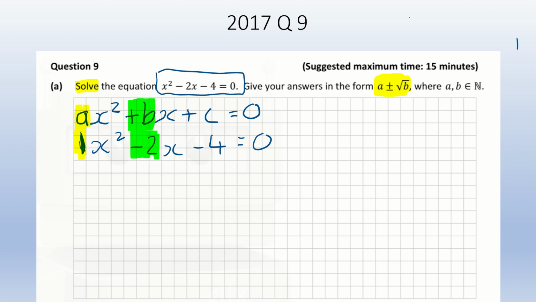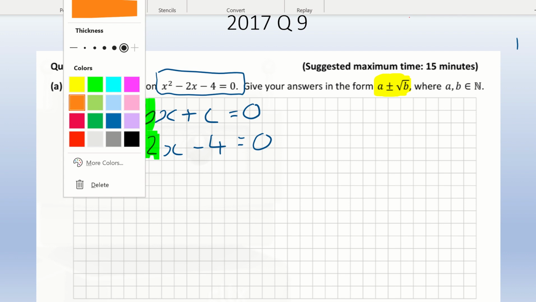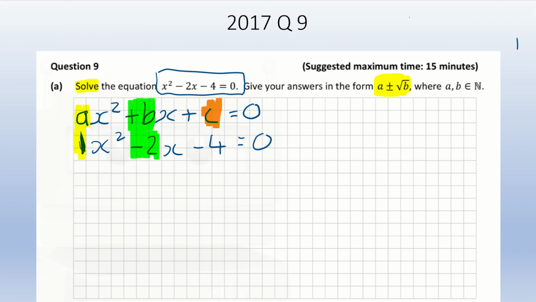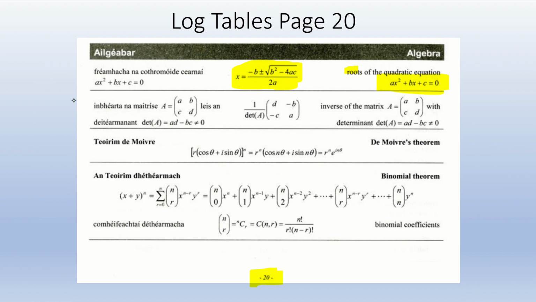And you might be able to guess what c is just by looking at that. My c is going to be minus 4. So I've just compared the quadratic that I'm actually given, x squared minus 2x minus 4 is equal to 0, to the quadratic in the log tables over here.